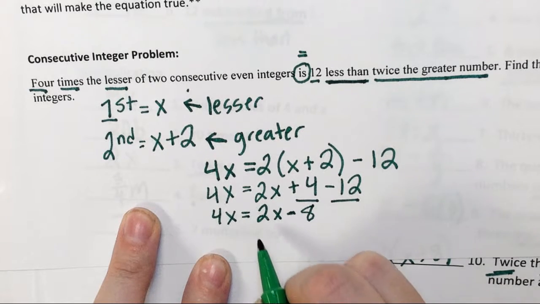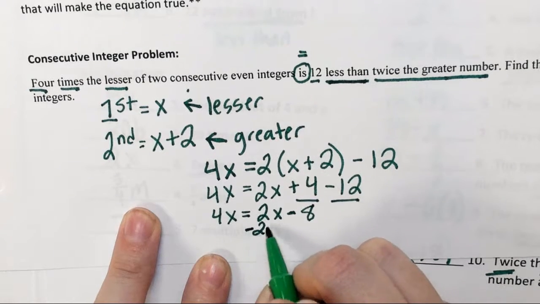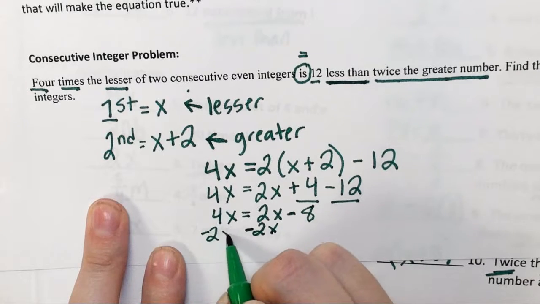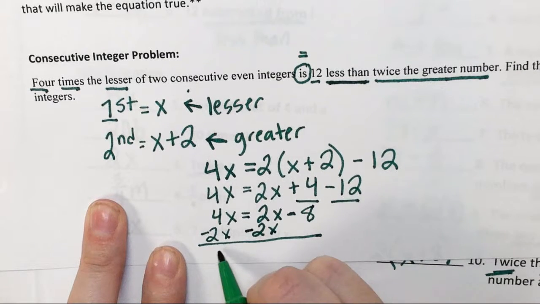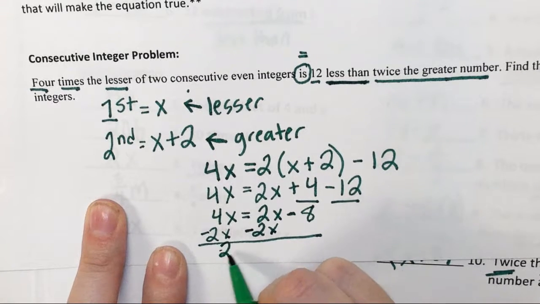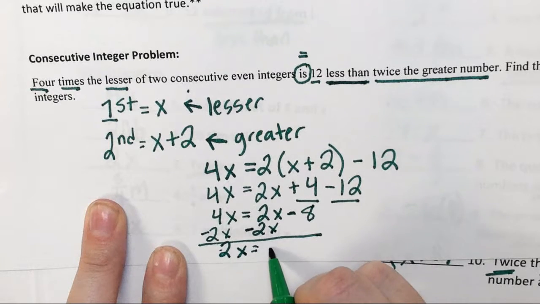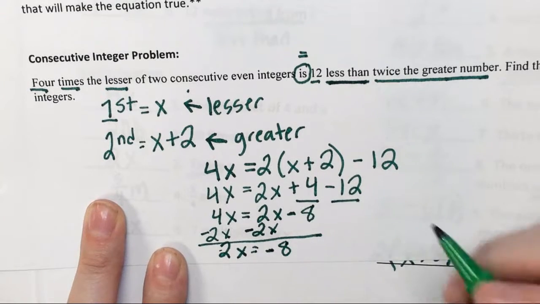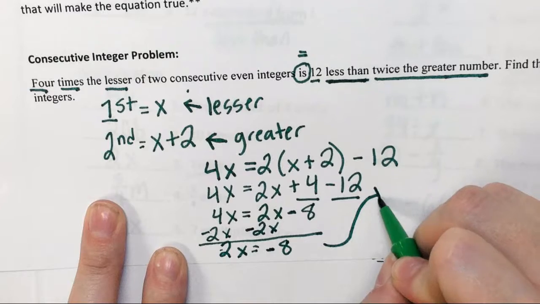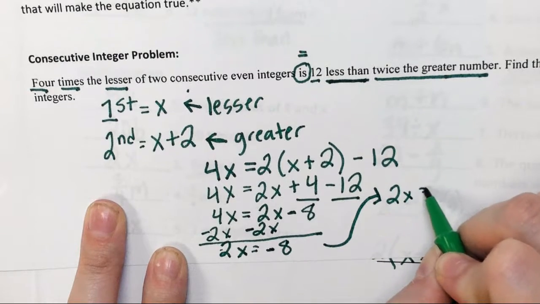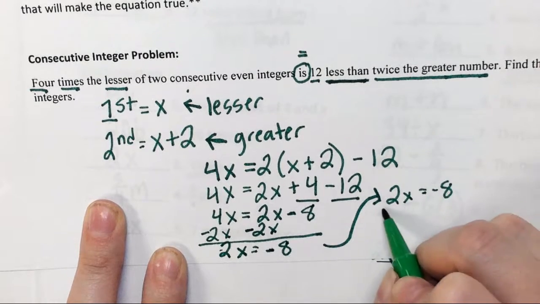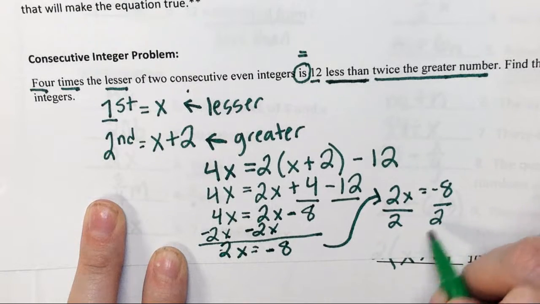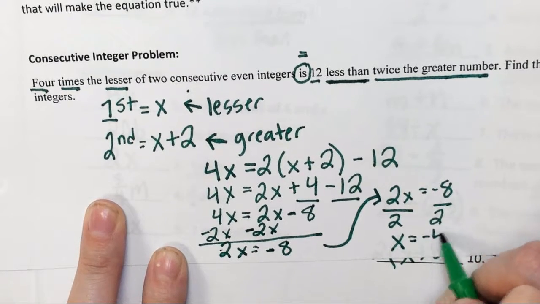And then I'm going to move the 2x to the other side. So I'm left with 2x equals negative 8. And then I'm kind of out of room over here. I'll come over here. Lastly, I'll divide by 2. x equals negative 4.